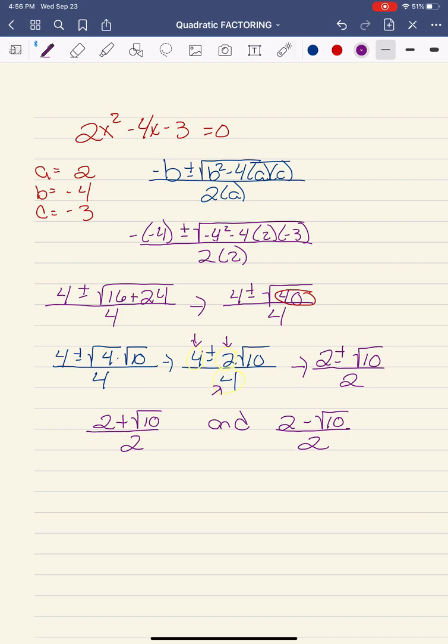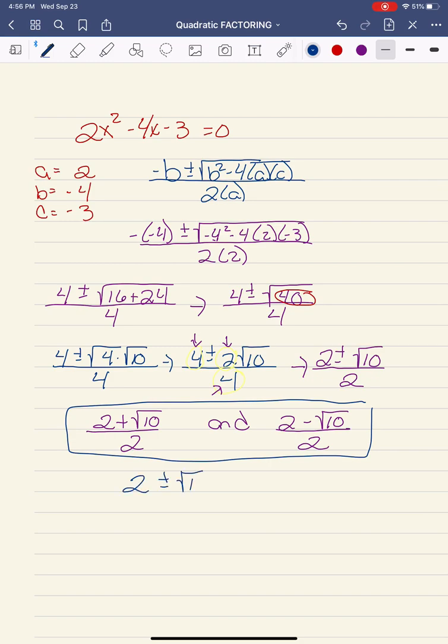But most tests and most state assessments would allow this as your answer. Additionally, you would be able to leave it in this format as long as you showed the work above, because they're going to see you understand what you're doing.